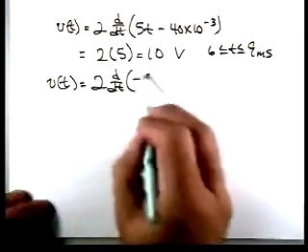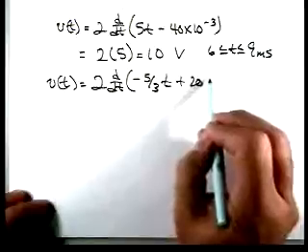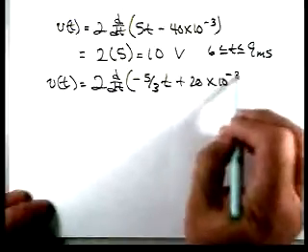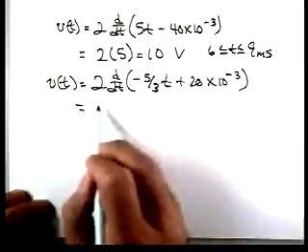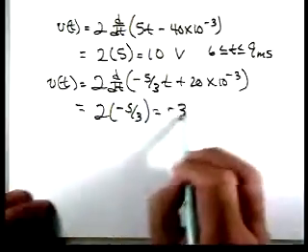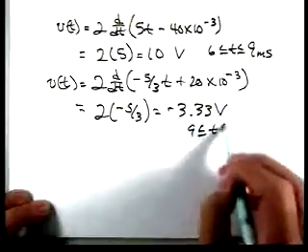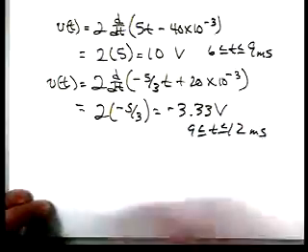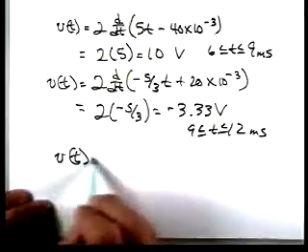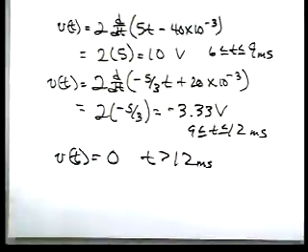Now we have minus 5/3 t plus 20 times 10 to the minus 3, and we take the derivative of that. So now we have 2 times minus 5/3, which is minus 3.33 volts. And then v of t is 0 for t greater than 12 milliseconds.